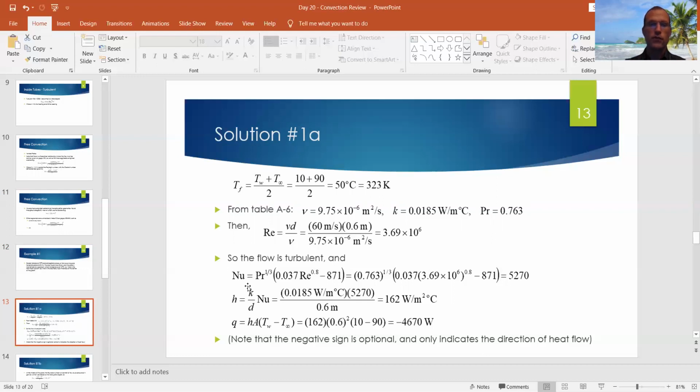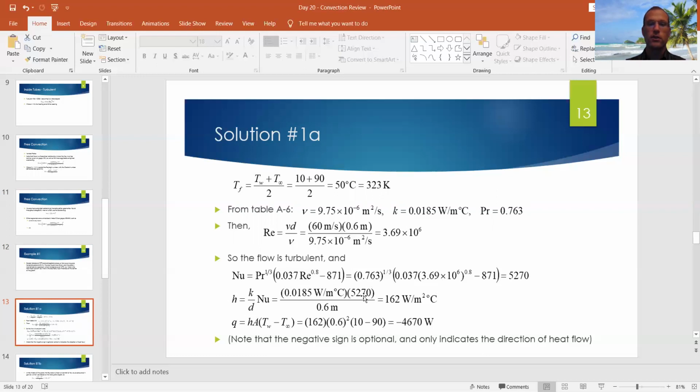So the Nusselt number equation for the turbulent case: Prandtl number to the 1/3 times 0.037 Reynolds number to the 0.8 power minus 871. Sticking in those values for the Prandtl number and the Reynolds number gives me a Nusselt number of 5,270. Then fifth step, find h, k over length times Nusselt number.